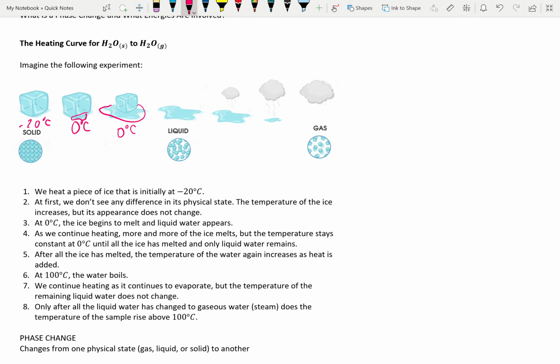So here, if you look at our liquid image, our ice is completely melted and the temperature of the water just starts to increase. So now let's say we go from 0 degrees Celsius to 100 degrees Celsius here. Once we hit the 100 degrees Celsius, our water starts boiling.